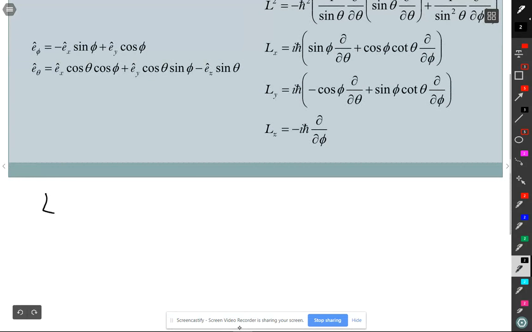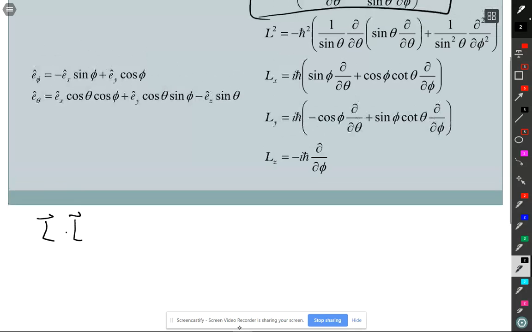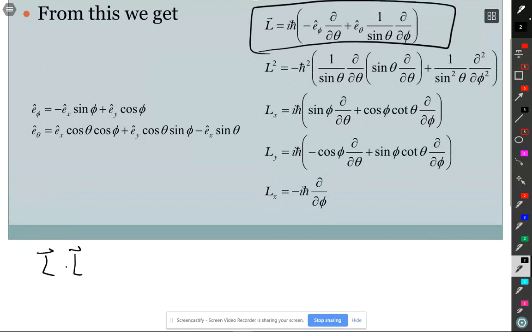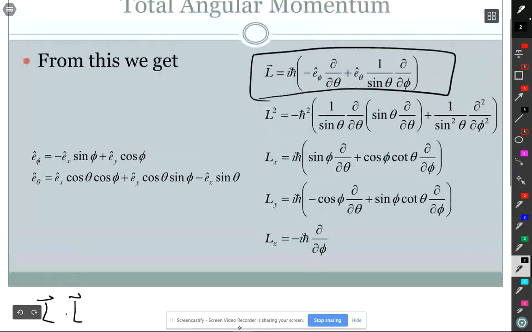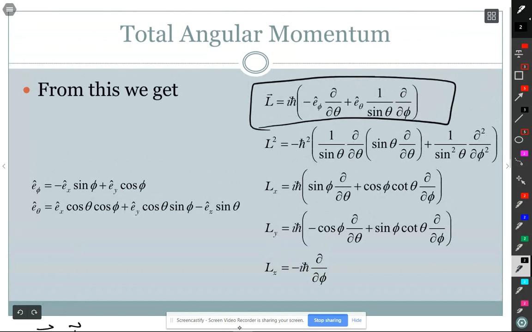Square vectors like this. And so we have to take L dot L, which is going to be this thing here acting on itself, but you notice that it looks a little more confusing than you might expect.